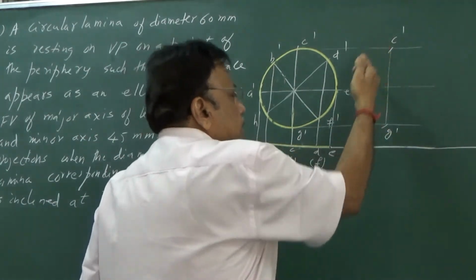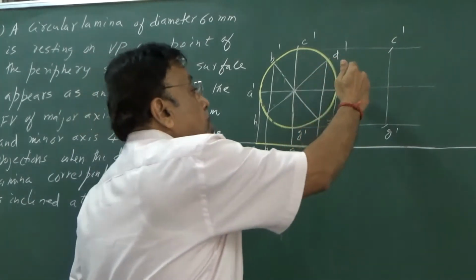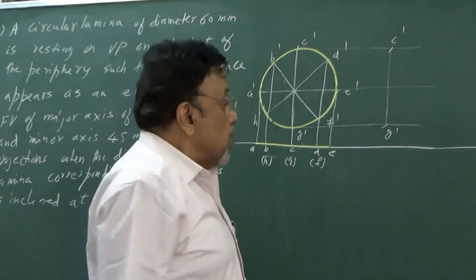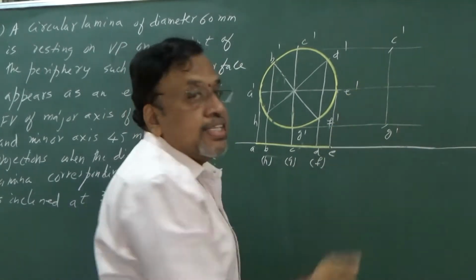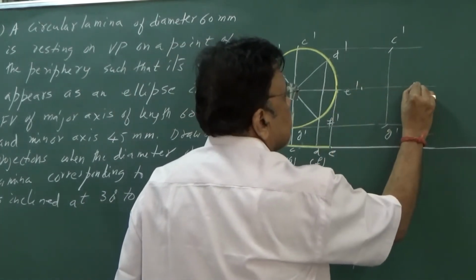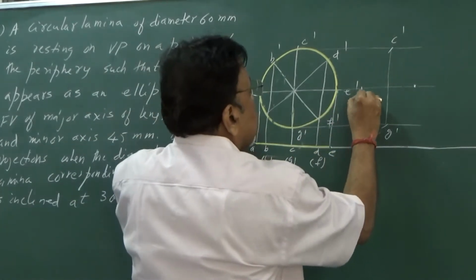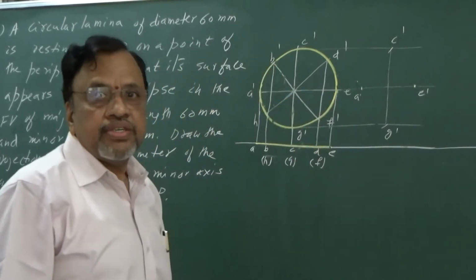Even the ellipse is a symmetrical figure, symmetrical about the x axis as well as the y axis. So since I am given 45, I can take 22.5 on either side and get those points. So this will be A dash and this will be E dash.